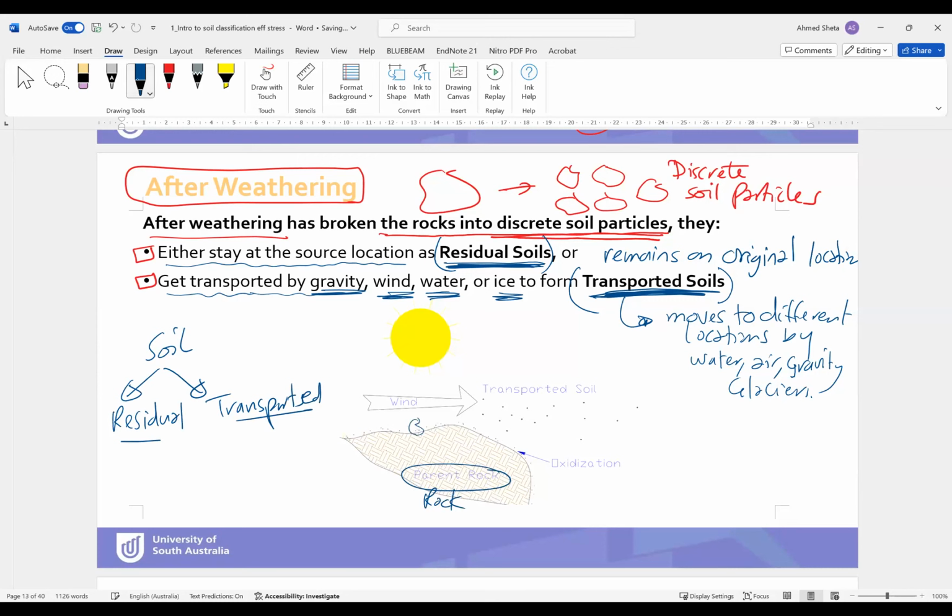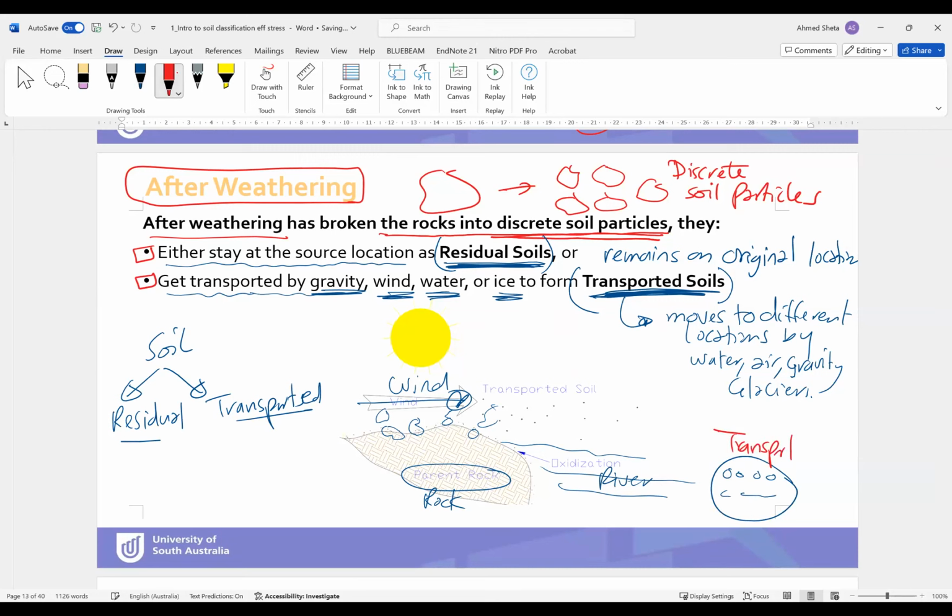After weathering, there is a small particle somewhere here. The wind will take this particle to a different place, or if we also have a river here somewhere, this soil moves from here to here. So this soil becomes transported soil.